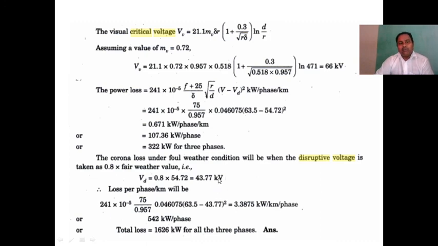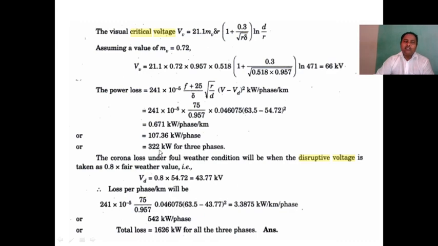So for 43.77 kV, what is the corona loss? Substituting the formula, 241 into 10 power minus 5 with the critical disruptive voltage 43.77, we get 3.3875 kilowatt per kilometer per phase. Multiplying with 160 kilometers and then with 3, the total loss is 1626 kilowatt for all three phases.